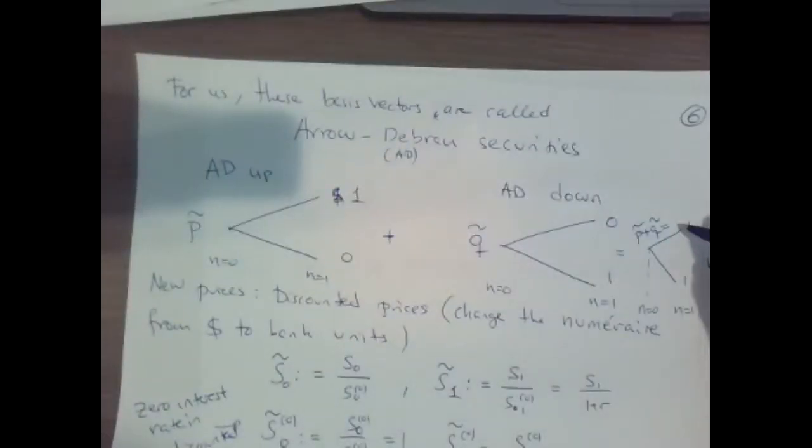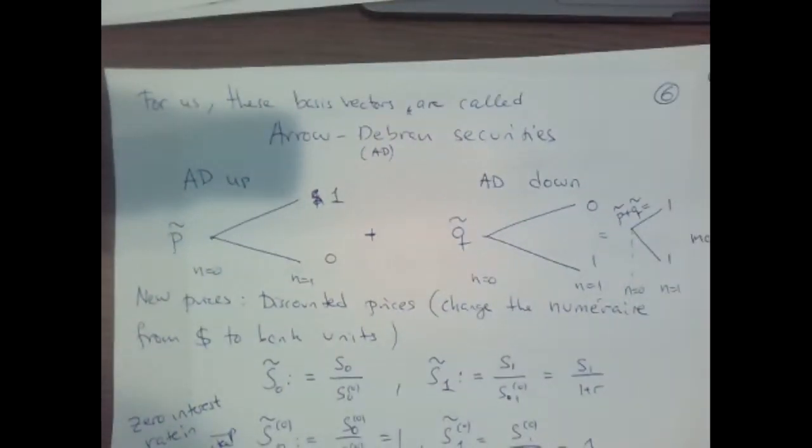In other words, P tilde and Q tilde should, what should they add up to? That's right, these should sum to 1. So you have a 1 here.